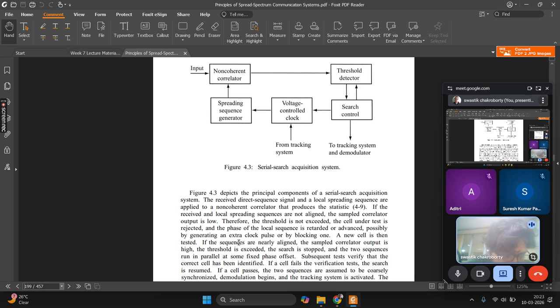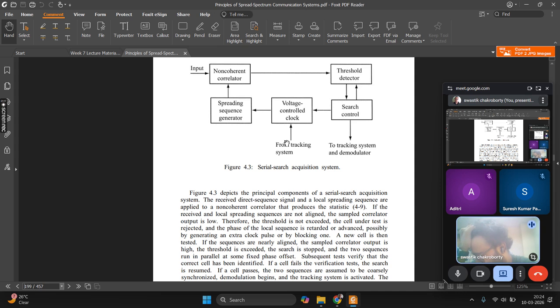Because 1 unit of time has lapsed, it advances or delays by 1 unit of time and then generates the new PN sequence so that it can be in sync, because even 1 unit of delay can be fatal for PN code acquisition.